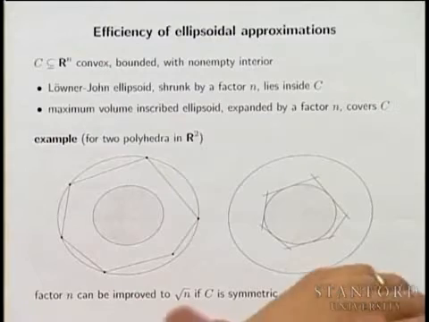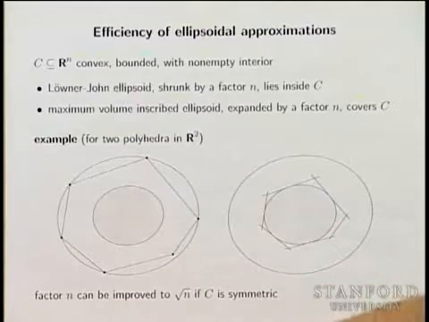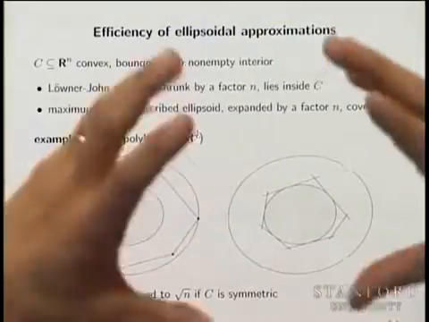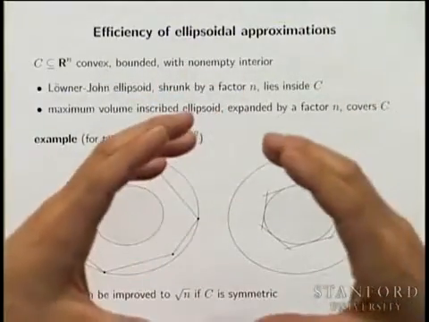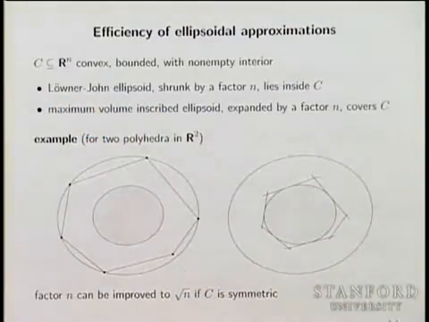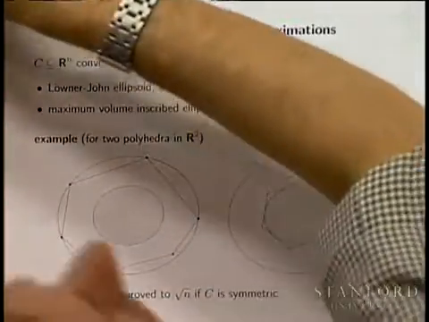This basically says that ellipsoids are universal geometric approximators of convex sets. That's what it says. Because I can get a bound, and there's a fixed factor whereby I can shrink and expand and fit inside and outside the set. Everybody got that? Now, that's going to come up. It's going to have lots of implications.